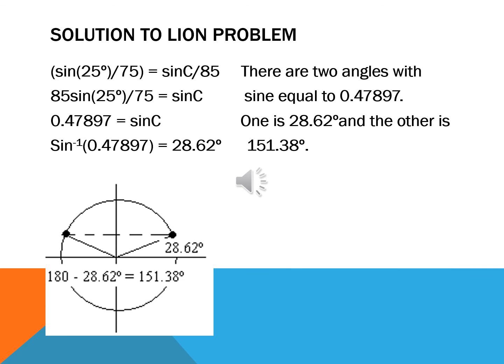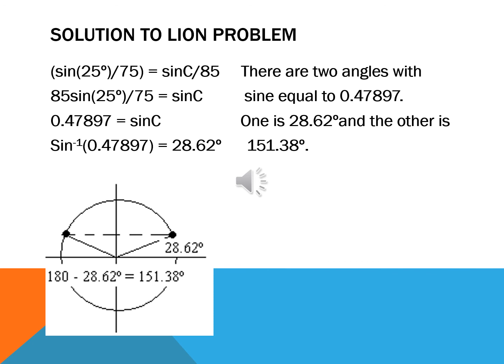However, sine is the y coordinate as you rotate around the unit circle. So over in quadrant 2, there's another angle less than 180 degrees that also has that same sine value. Take 180 and subtract the first answer of 28.62, and you get 151.38 degrees.